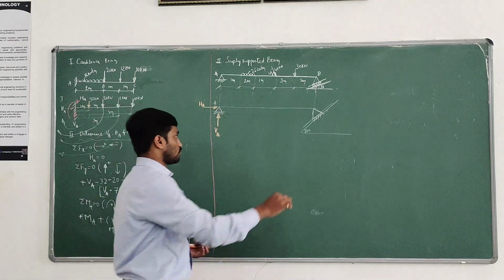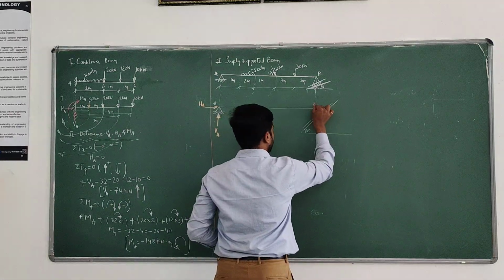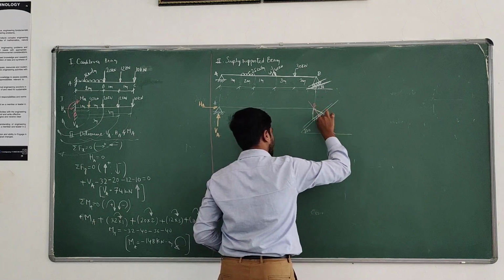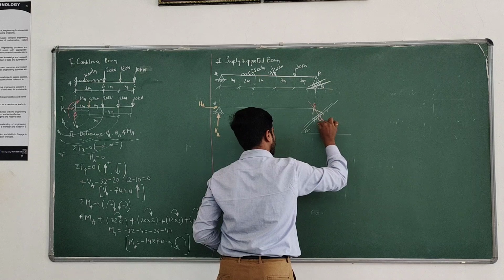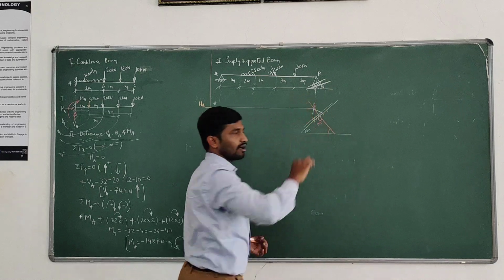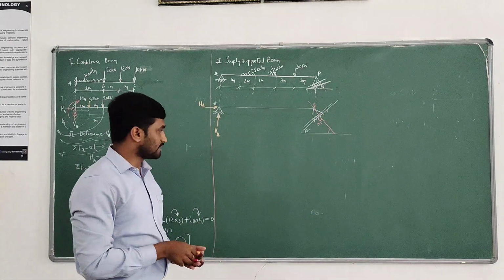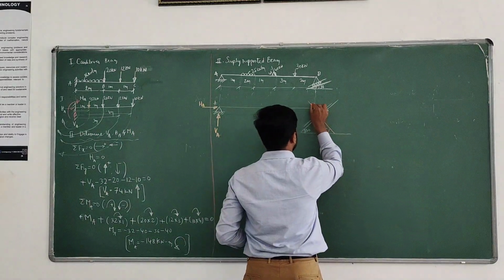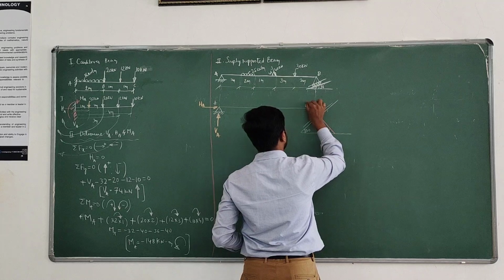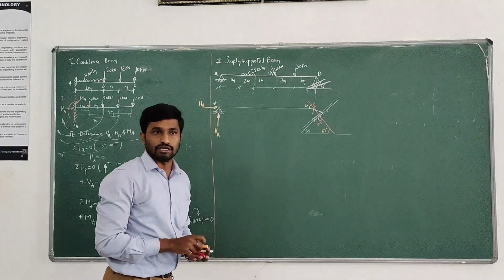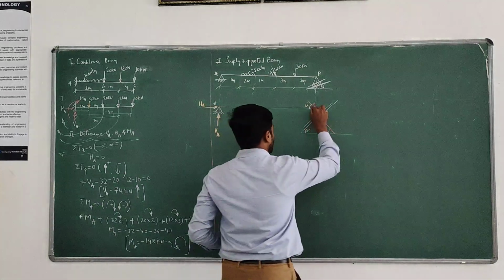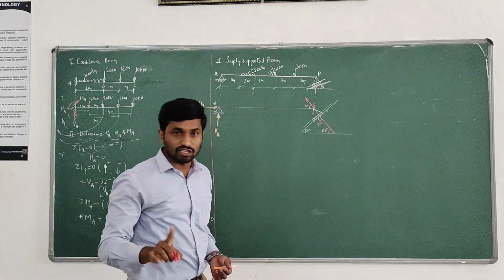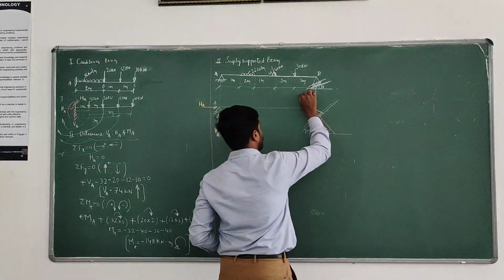So drop a perpendicular from point B. Perpendicular means 90 degrees, so determine the other angle: 90 minus 30, the angle is 60. By the principle of transmissibility, the same 60 degrees applies. This reaction, what is the roller? How many reactions? Only one reaction, that is VB.